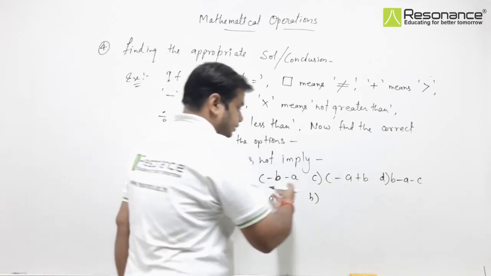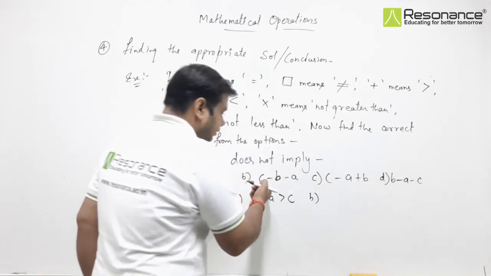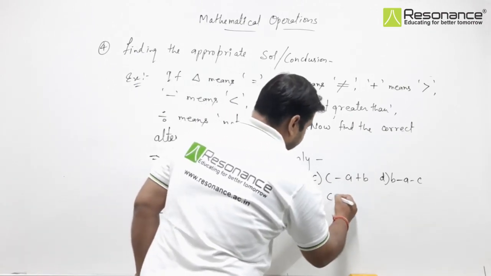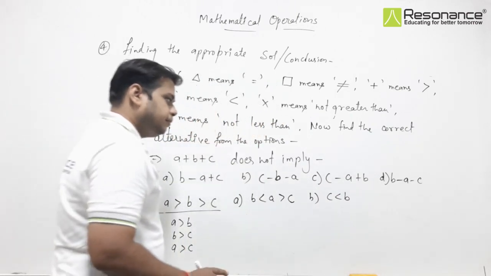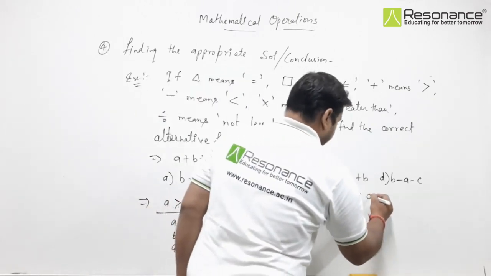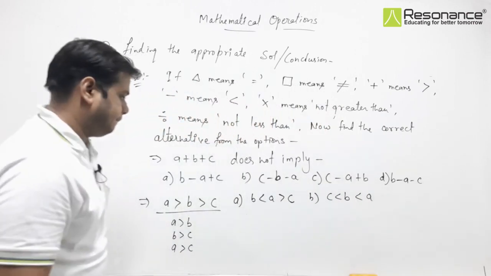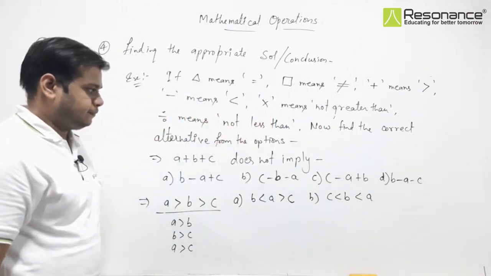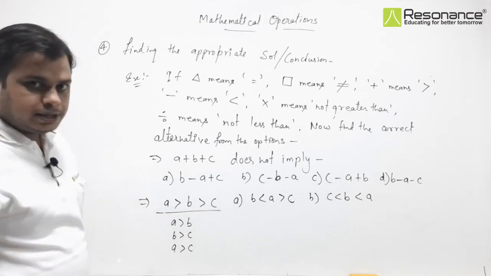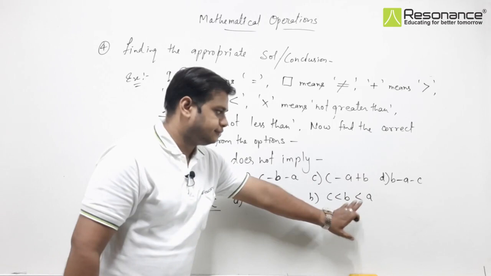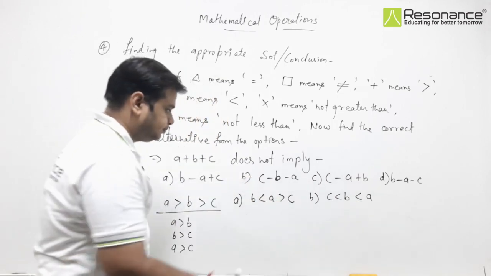If any other option is following this kind of condition: C minus B, then C is less than B, and B is less than A. This is also possible.